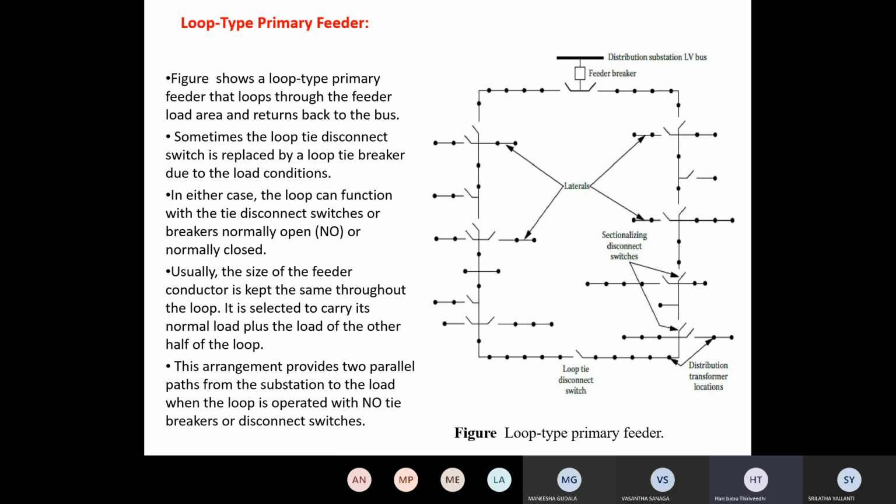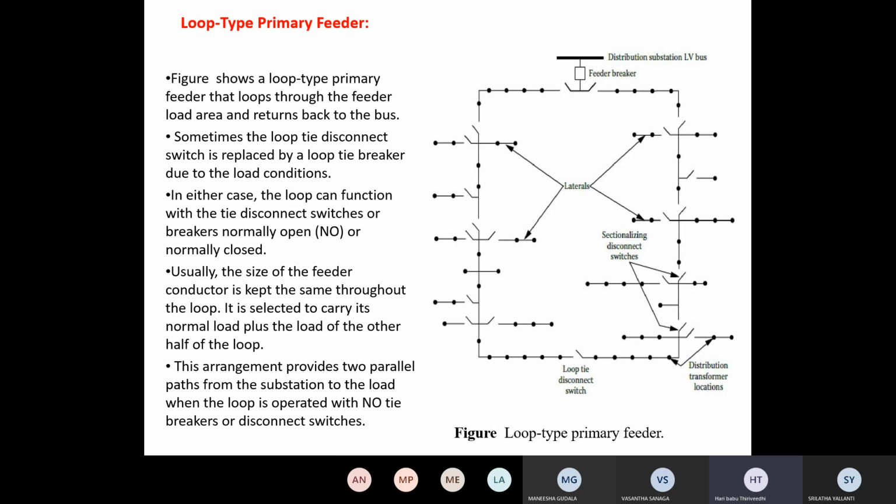Suppose a fault occurred on the feeder, the tie breaker may open and the breaker will remain open until the fault is isolated from both directions. So in this section, when a fault occurs, this tie breaker and this tie breaker are both open. After isolating the fault, we can provide the supply.